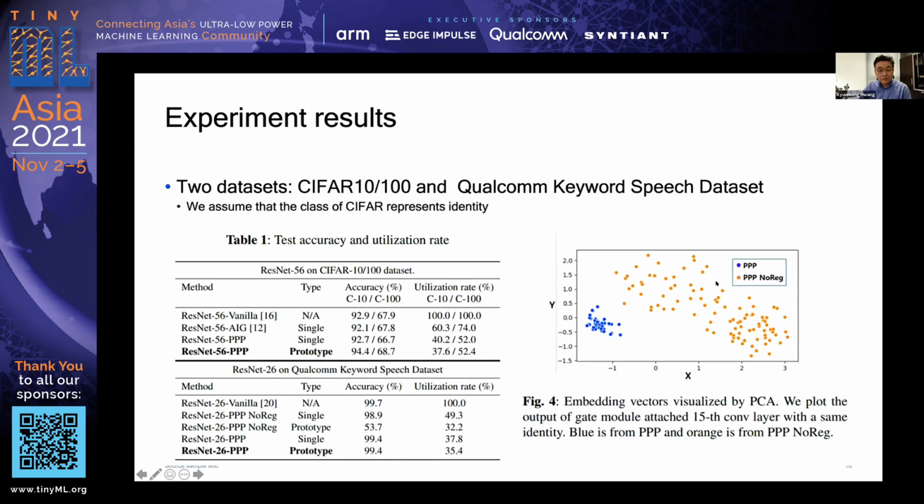And in this orange case, we didn't give any regularization for the gating patterns to be clustered around a prototype, and this is the result. If we give that regularization, all those gating patterns gather around the prototype, and that one, with regularization, gave much better performance than without.